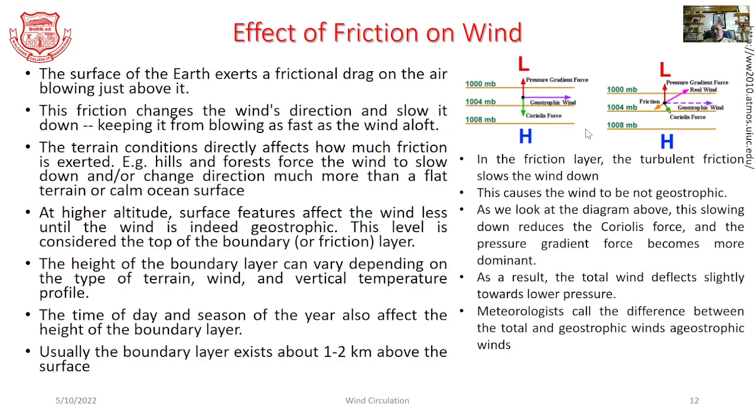The effect of the friction is presented with this sketch. We consider that the pressure gradient force and Coriolis force are balanced when the isobars are parallel to each other, which causes the geostrophic wind to travel parallel to the isobars.